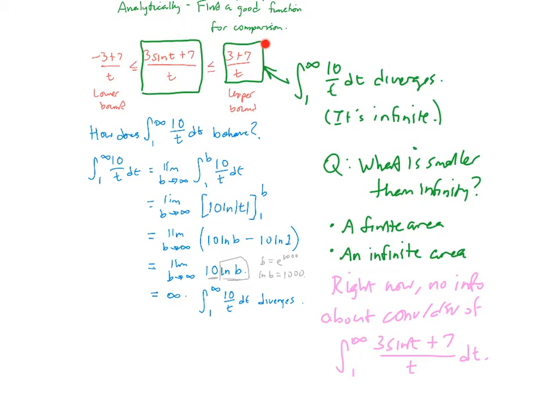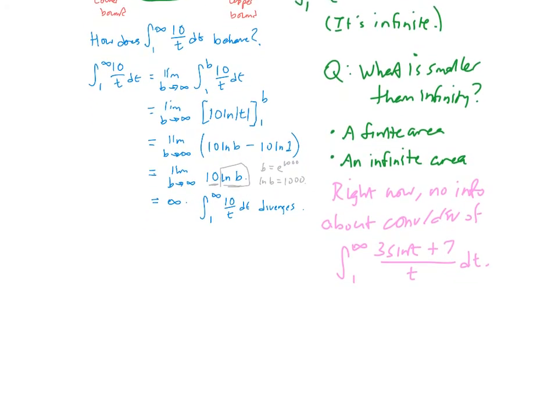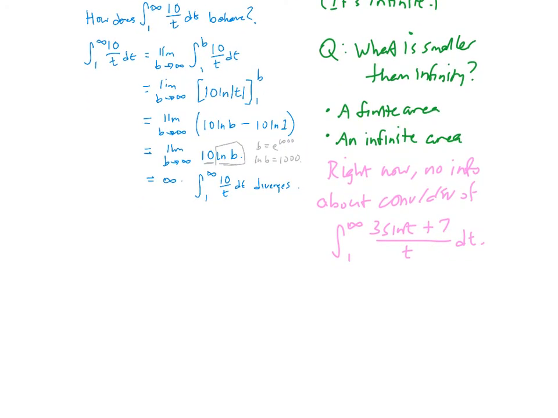Well, this bound didn't help us, but what about this lower bound here? That lower bound is 4 over t. Now think about this for a minute. So what about the integral from 1 to infinity of, sorry, not 10 over t, 4 over t dt.